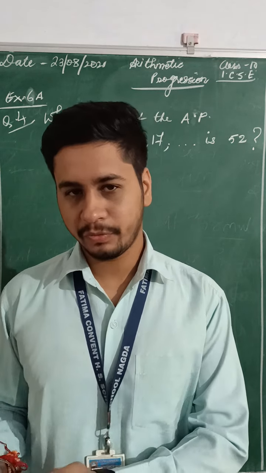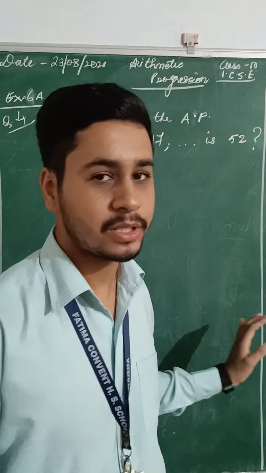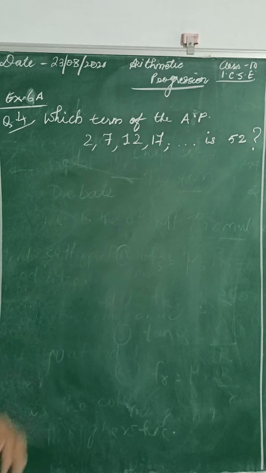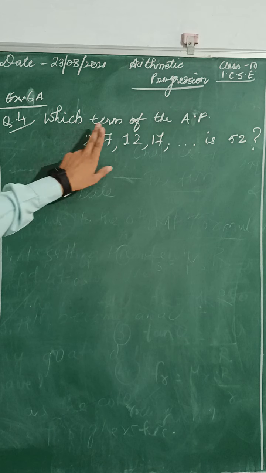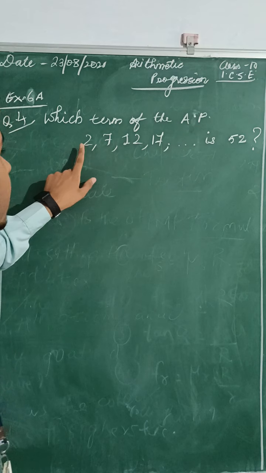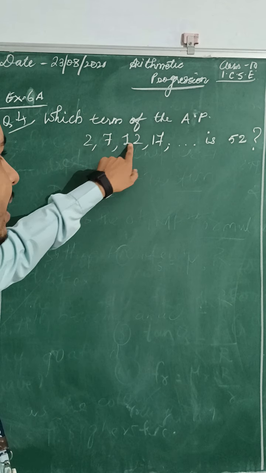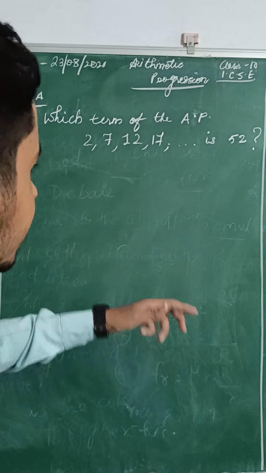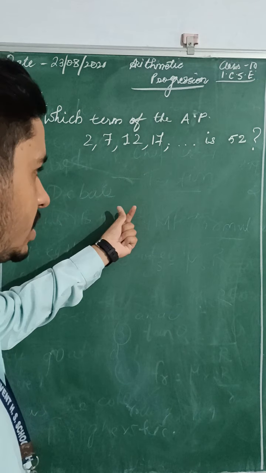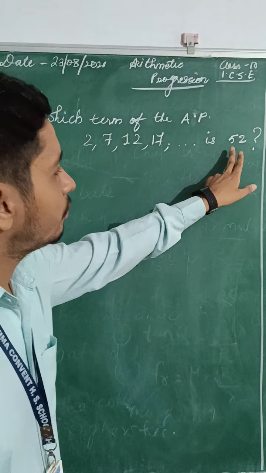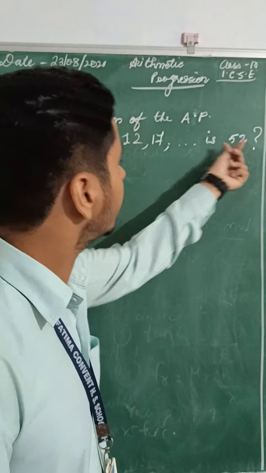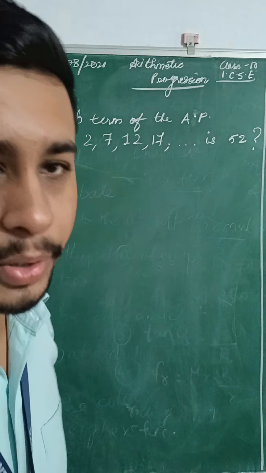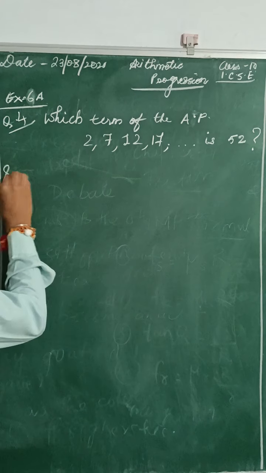Based on these two formulas we will be doing the questions, and here you have the 4th question, which says: which term of the AP 2, 7, 12, 17 is 52? They are asking what is the position of 52 in this progression. How will we solve this?